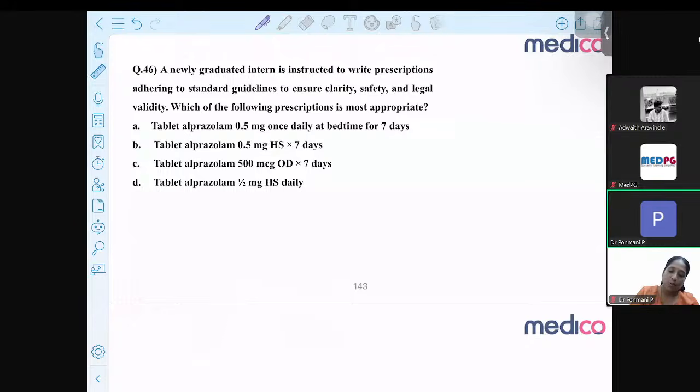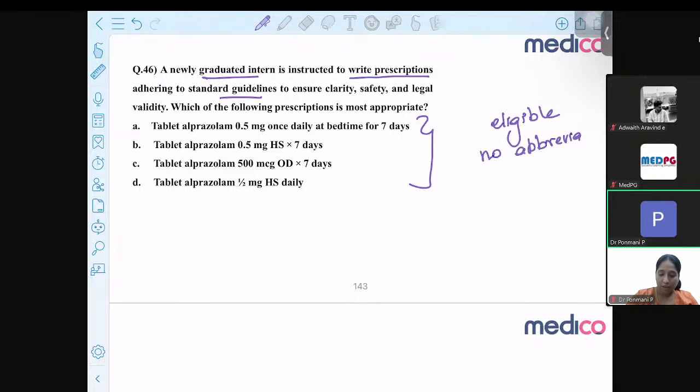A newly graduated intern is writing a prescription adhering to the standard guidelines. So, which of the following prescriptions is most appropriate? Please remember, a prescription should be legible and it should contain no abbreviations. So, among the options, you can easily pick the one which doesn't contain any abbreviation.